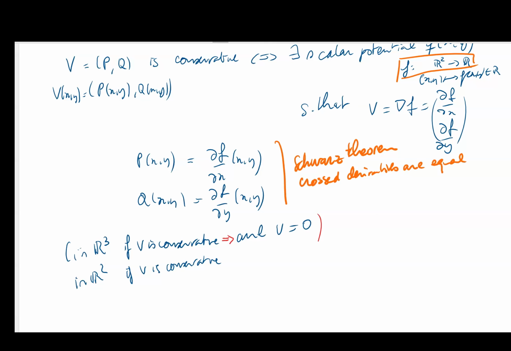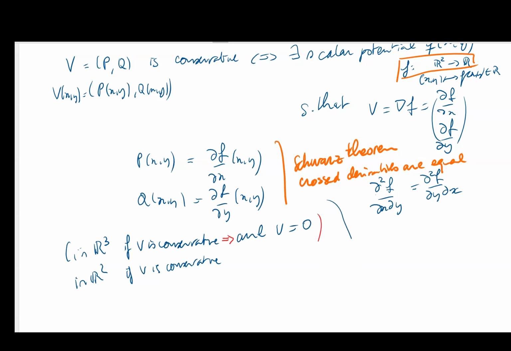What do we mean by this? We mean that d2f over dx dy is equal to d2f over dy dx. Whether you do first the derivative with respect to x and then another derivative with respect to y, or in the other order, you should get the same thing, right? How can I relate it to this?